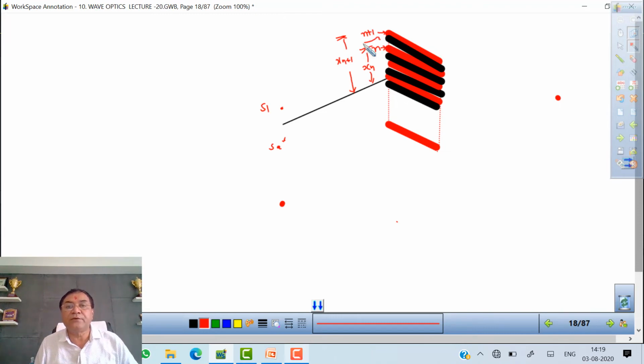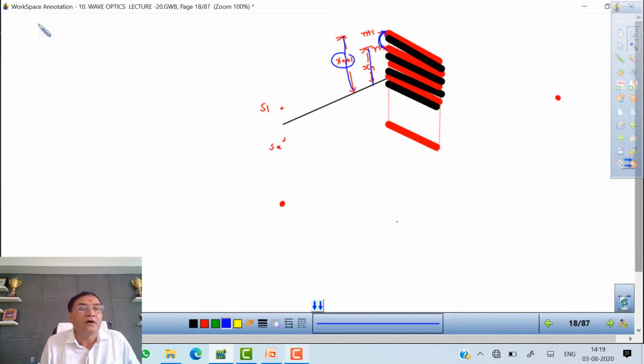I want to find out this distance from here to here. So how I can find xn plus 1 minus xn? So this distance minus this distance, it means this distance આવી જશે.